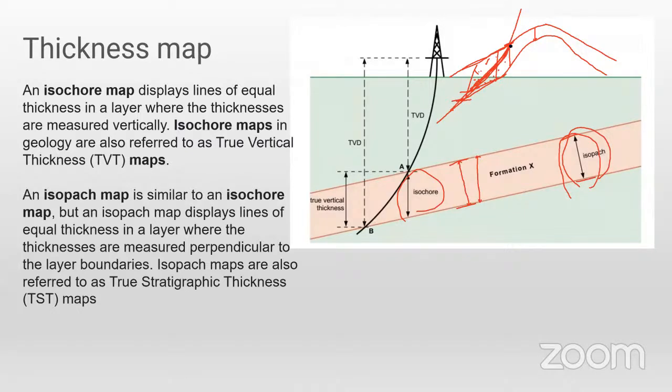You must import the survey of the well, which gives the deviation and azimuth of the well, and you also have the horizons in the software. So you have the dip angle and dip azimuth of the horizon, and after that, you calculate the isocore and also isopack.